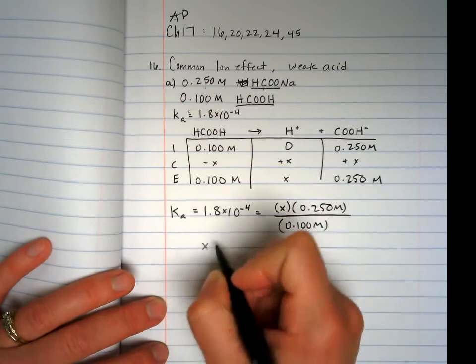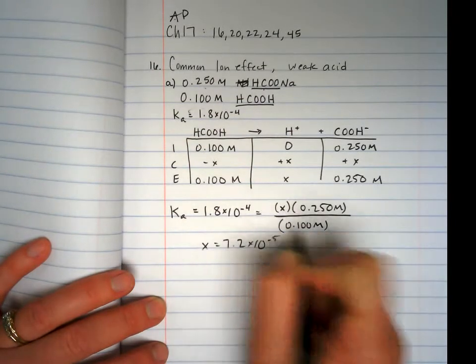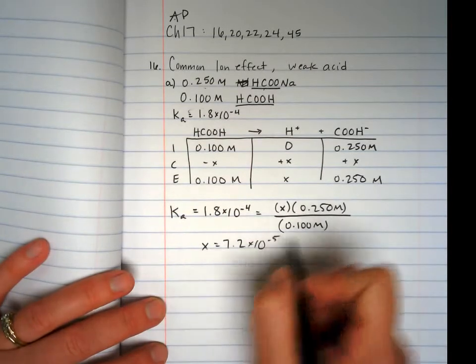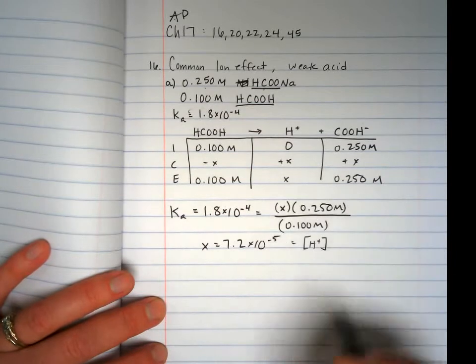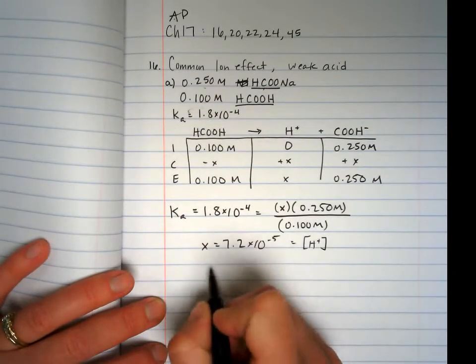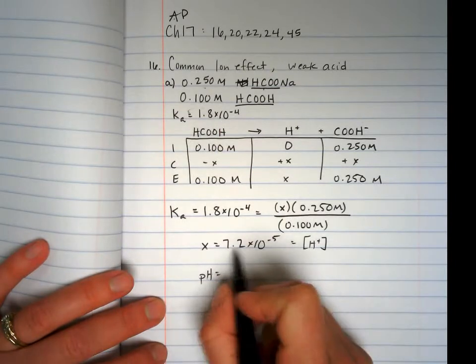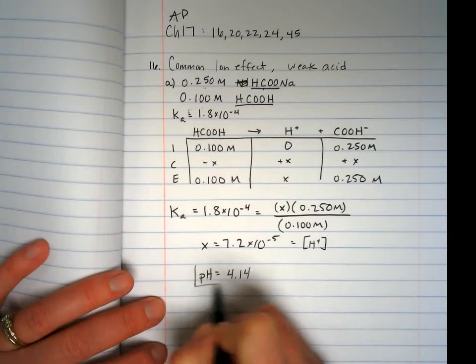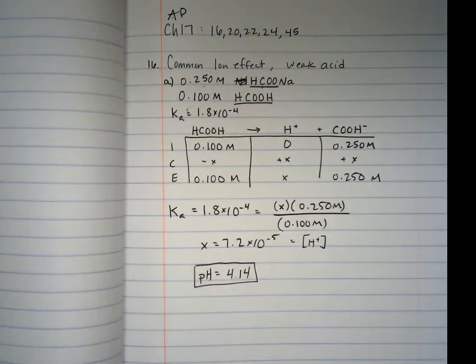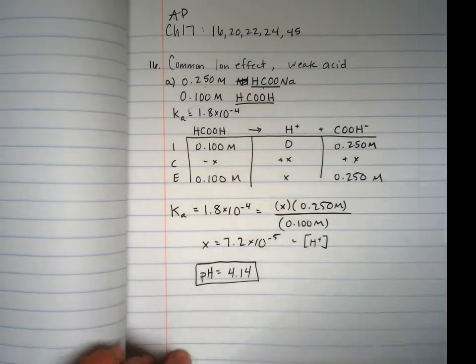Rearrange, solve for X, and X I get 7.2 times 10 to the negative 5. And this is equivalent to my H plus concentration here. So my pH is negative log of this, and I get 4.14. And that's my pH. So that's A.